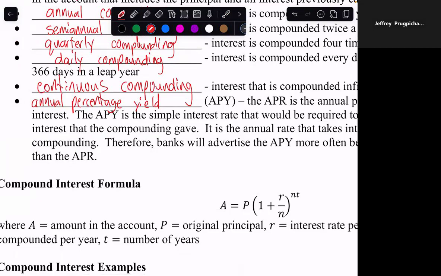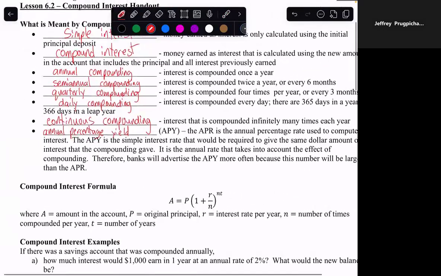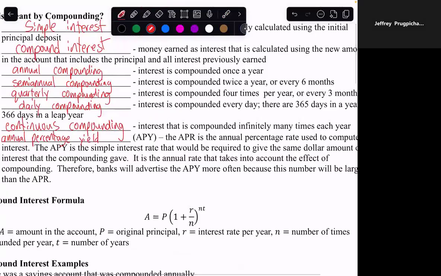Sometimes you hear, oh, the farm yielded this many bushels of corn or whatever. So it's like the output, the product. The APY describes what the interest rate would have been if it had been simple interest. Because again, when you compound, the interest is more because you get interest on your interest. So APY is basically just a different calculation that banks like to use to advertise because it's a bigger number. So it makes it sound better.